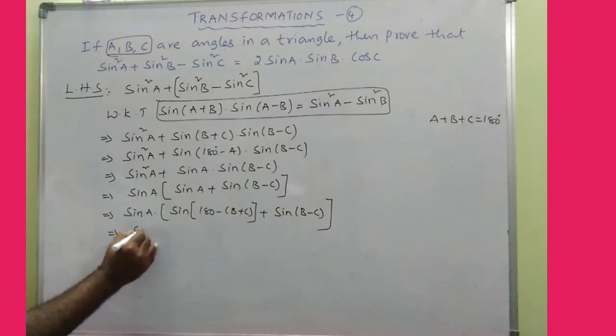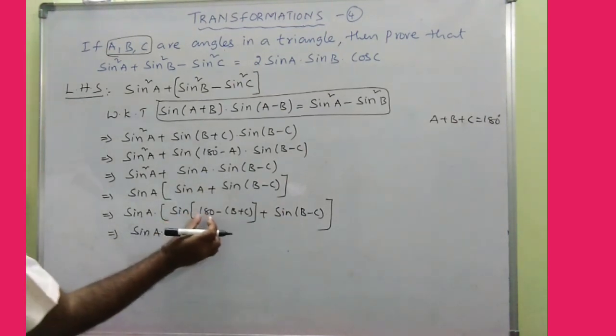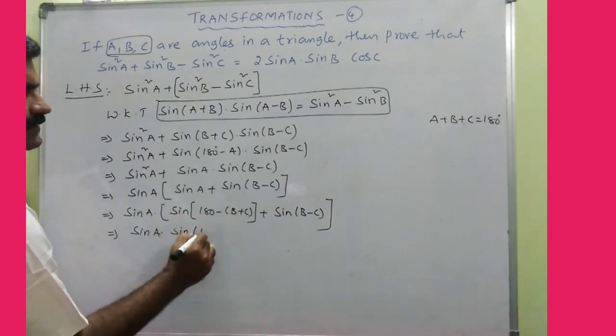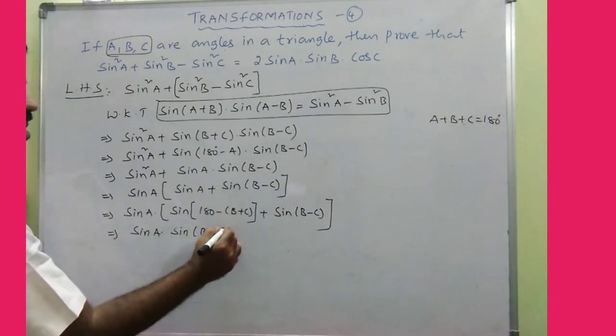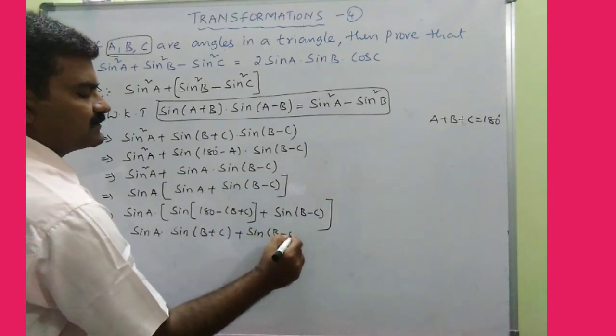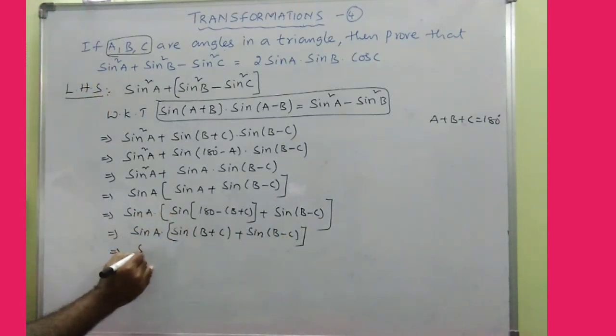So this is sine A into, so this is just like 180 minus theta, which is sine of B plus C plus sine of B minus C. So what is this?